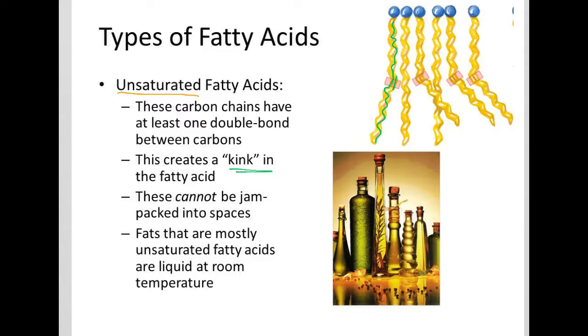And so you have this kink where that double bond exists. Because of this kink, unsaturated fatty acids cannot be jam-packed into tight spaces. Therefore, unsaturated fatty acids will be liquid at room temperature. So if you think of oils as fats, those will be made of unsaturated fatty acids.